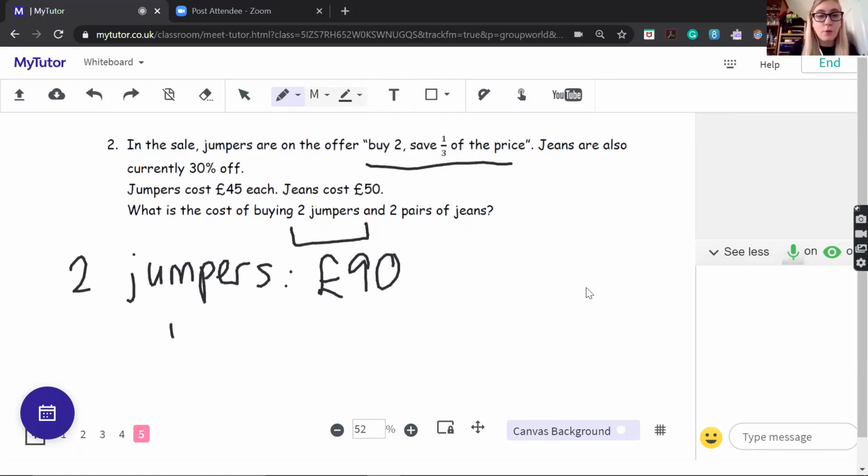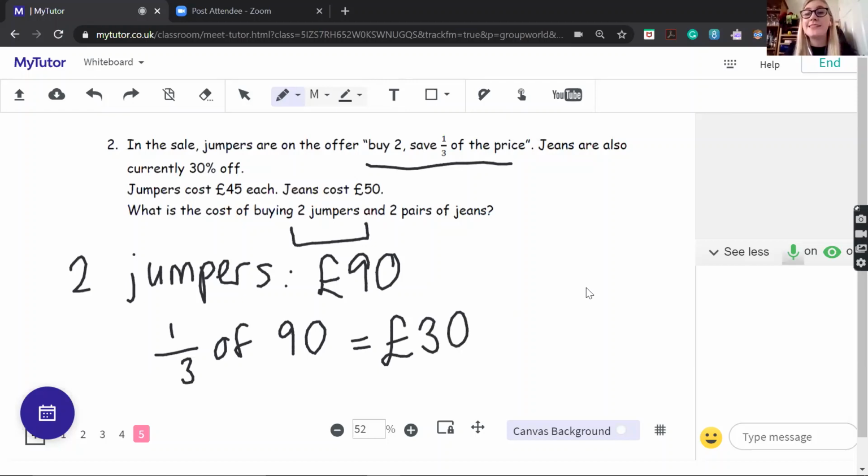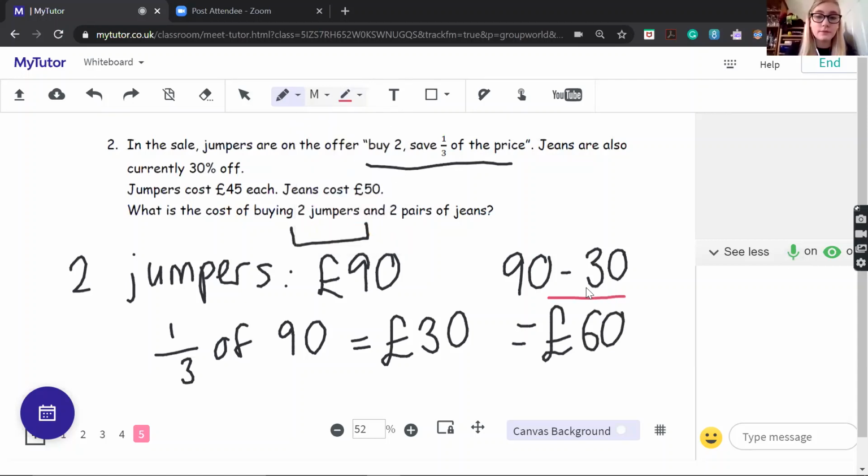So we want to know what 1/3 of 90 is. Now this is just the same as doing 90 divided by 3. So it's £30. But remember, this is how much we save, not how much they cost. So it's important to do 90 minus that 30, because that's how much we're taking off. So that gives us £60. So that's how much the jumpers are.